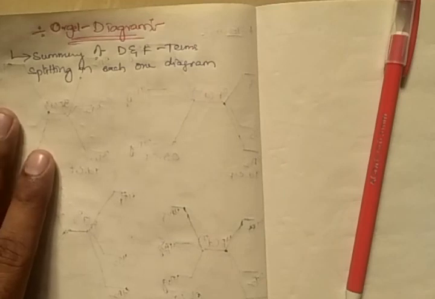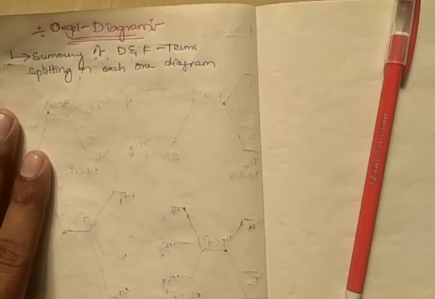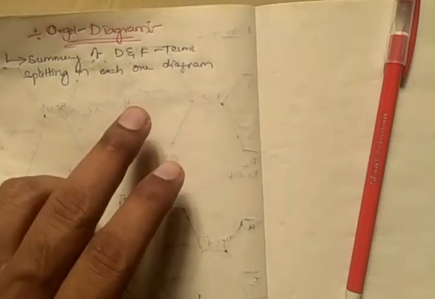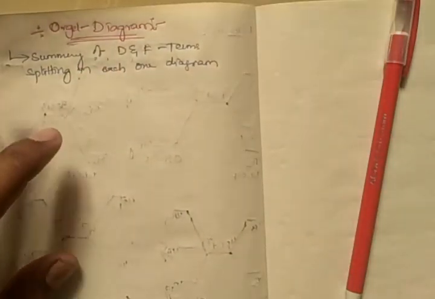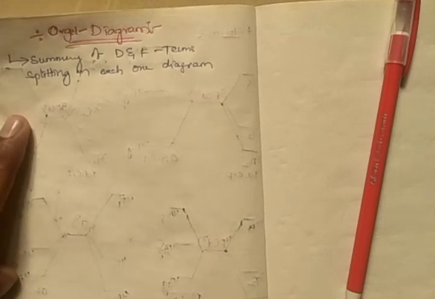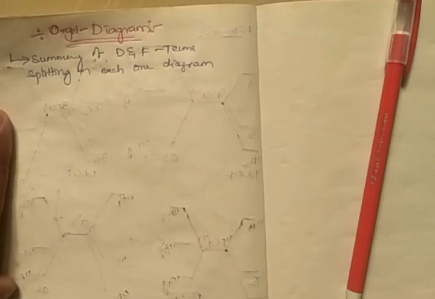Thus the 8 diagrams of D and F terms are summarized in one diagram each, and this summarization will give you a clear and exact explanation of the absorption spectra of their complexes, and electronic transition absorption spectra can be explained here easily.